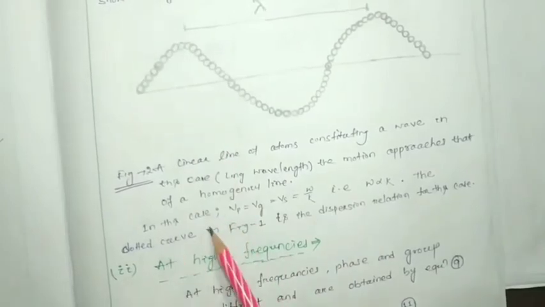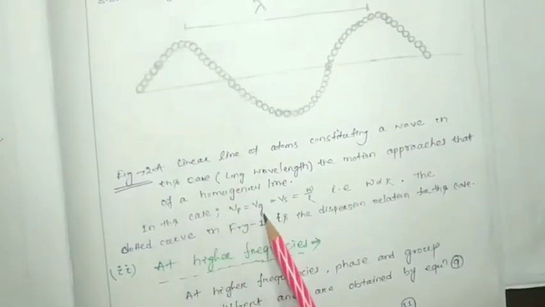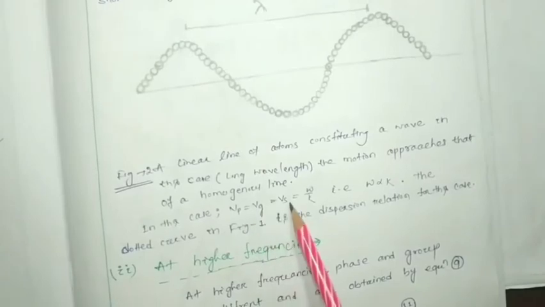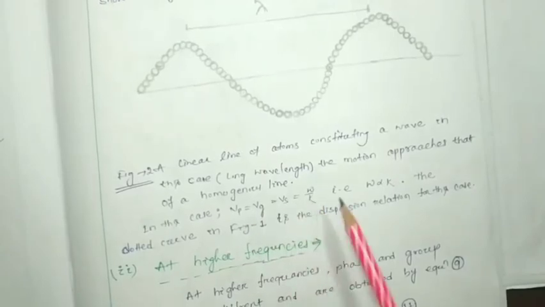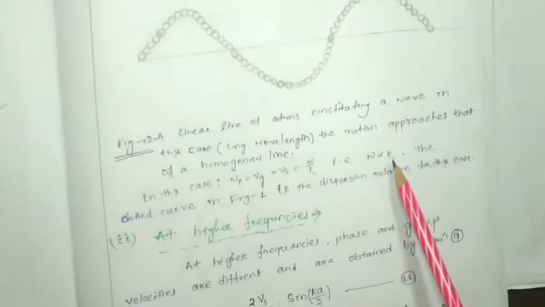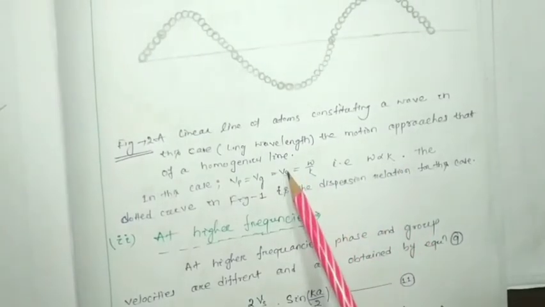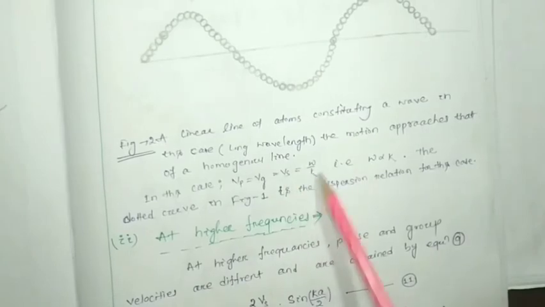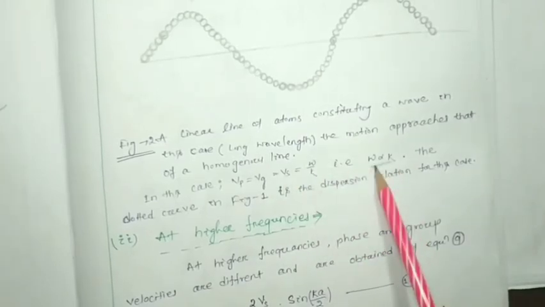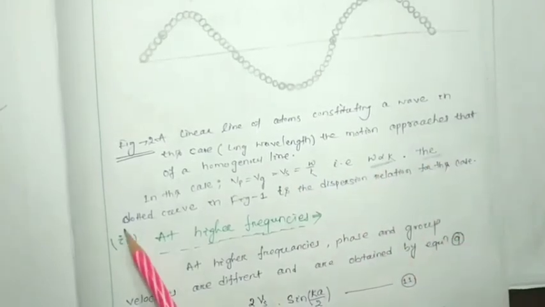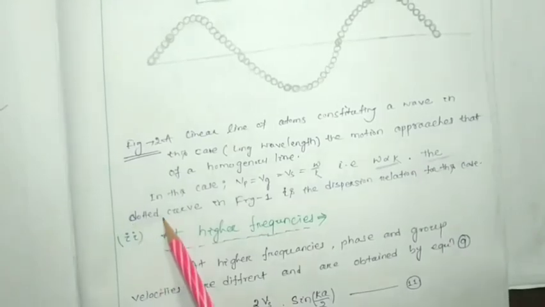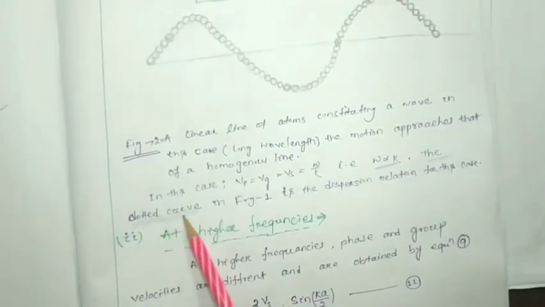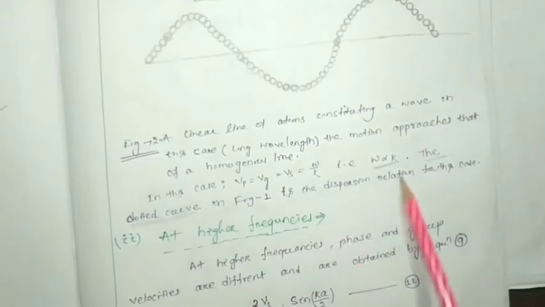In this case, Vg equals Vp equals Vs equals omega by k, that is, omega is proportional to k. That means here Vs is constant, so omega will be equal to Vs into k. The dotted curve in figure 1 is the dispersion relation for this case.